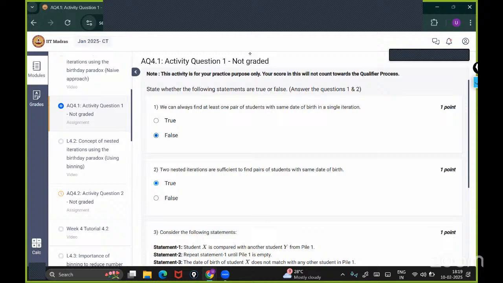So we cannot find a pair of students with the same date of birth in a single iteration. So here the answer is false. And for the next question, people, what is given in the second question?